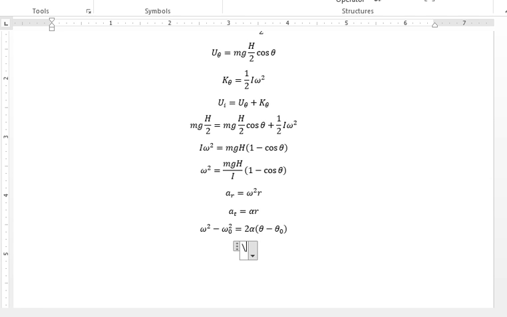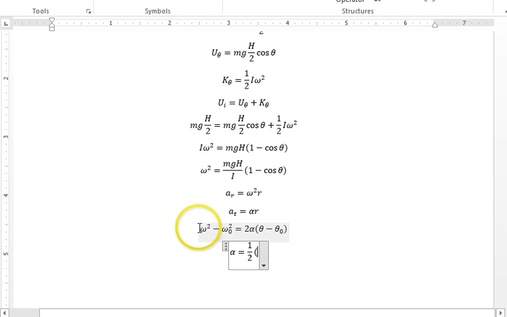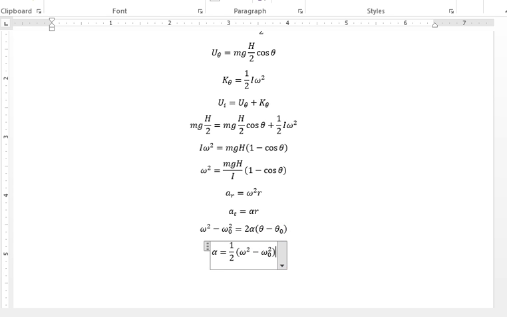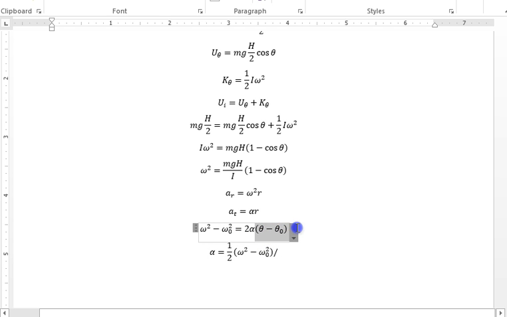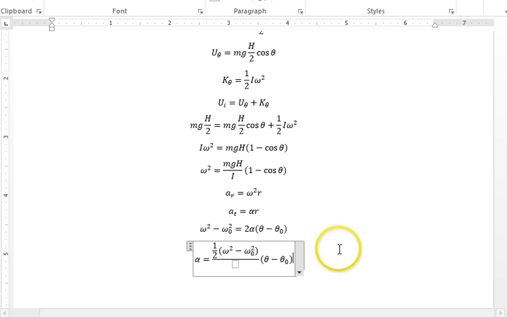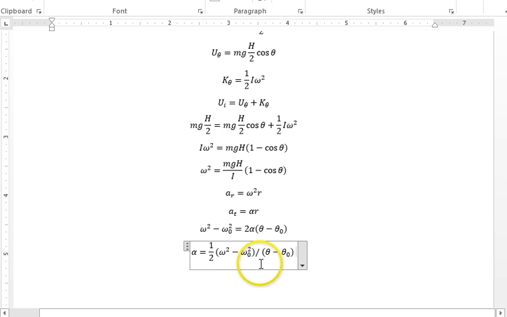since we're going to end up with alpha is 1/2 of omega squared divided by theta.